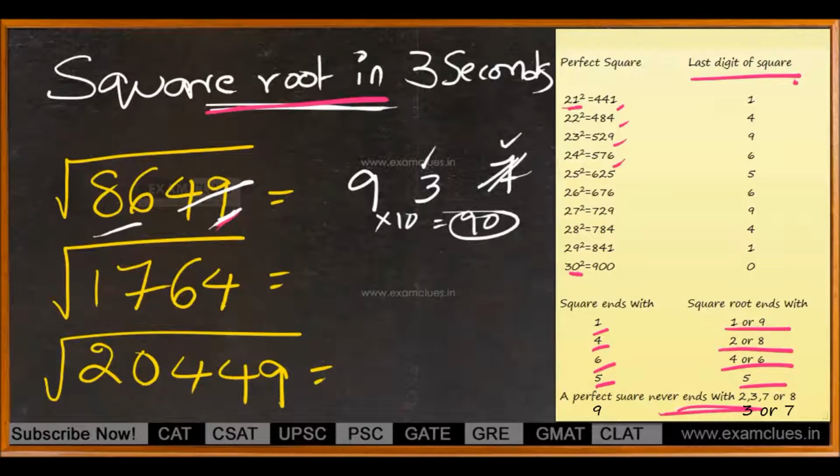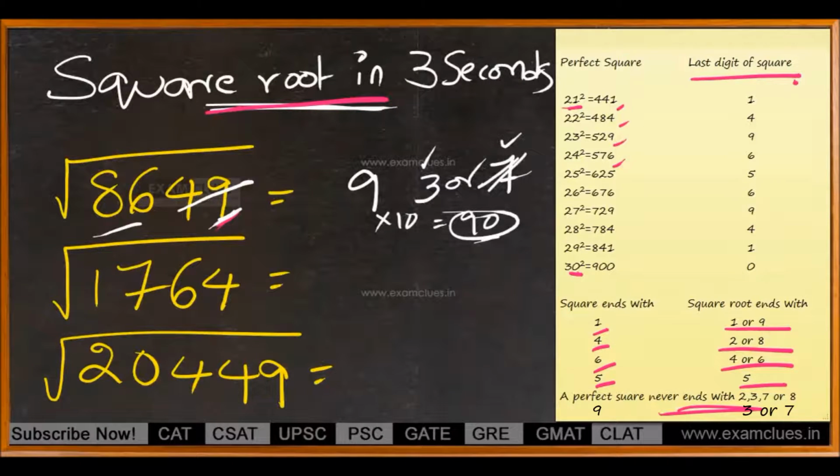The answer should now be 93 or 97. To figure out which, all you need to do is multiply 9 with 10. You get 90. This is more than the remaining part, so you should take the smaller number. So 93 is the answer.